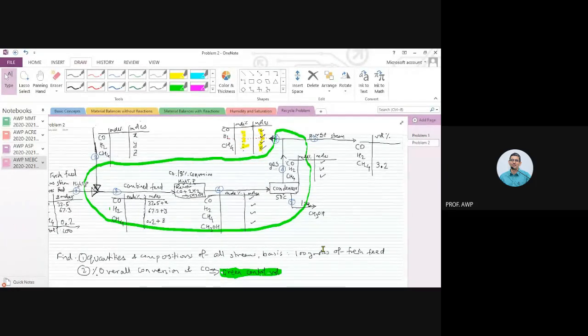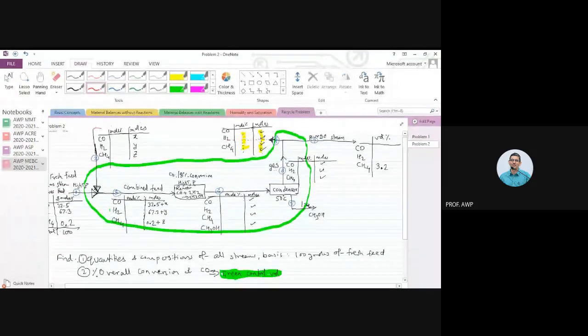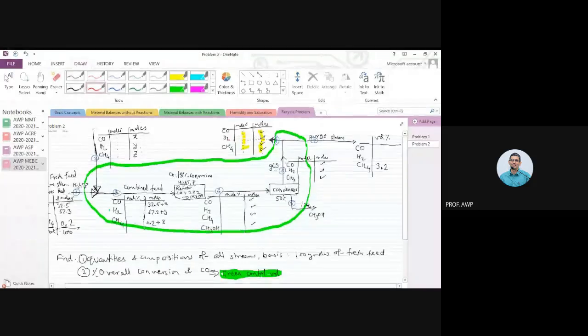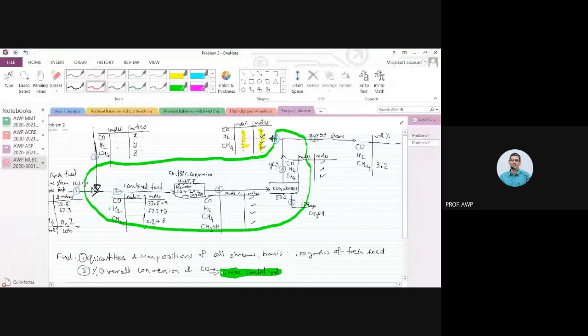They are identical because they have come about as two different streams because I have broken this recycle stream into two streams, stream 2 and stream 8. So in effect, they are the same, and therefore, to find X, Y, and Z, I will put constraint that compositions and moles in stream 2 and stream 8 are one and the same.